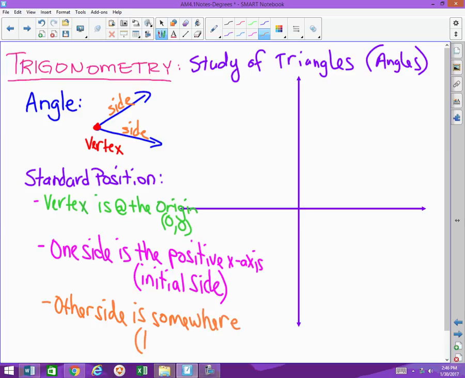It is called the terminal side. So if we were to take this angle here and put it in standard position, it would be right there. There's our initial side, and there's our terminal side.